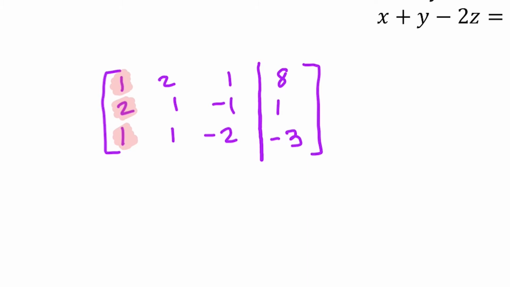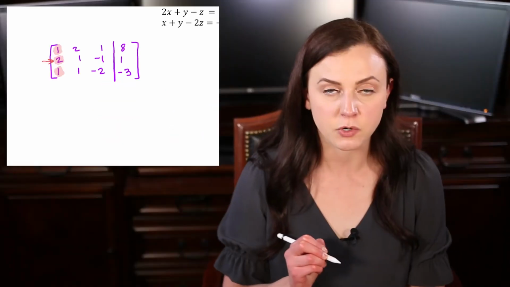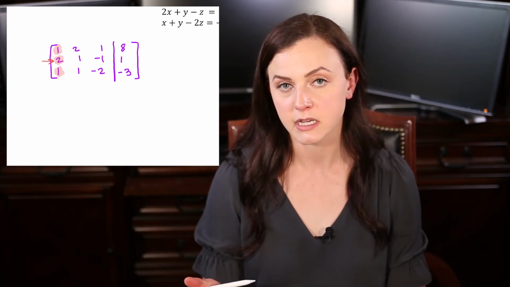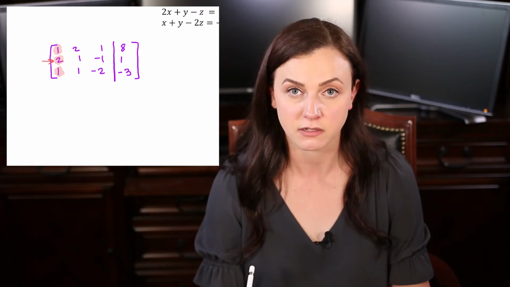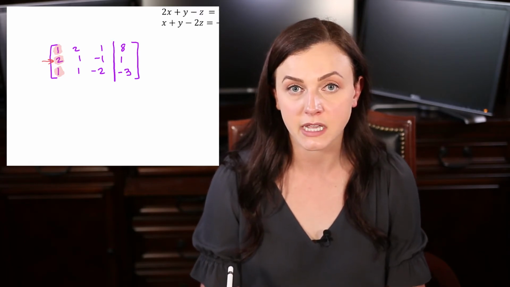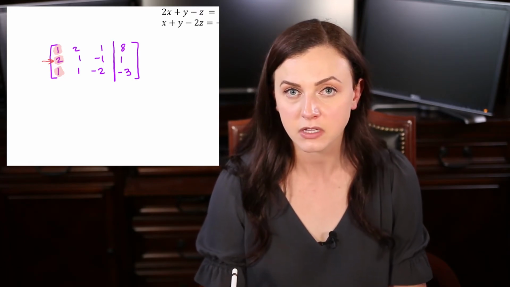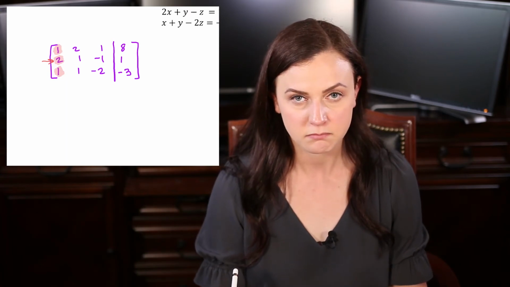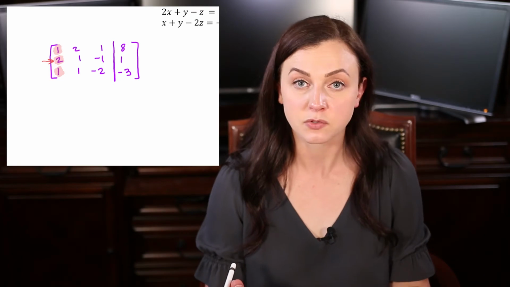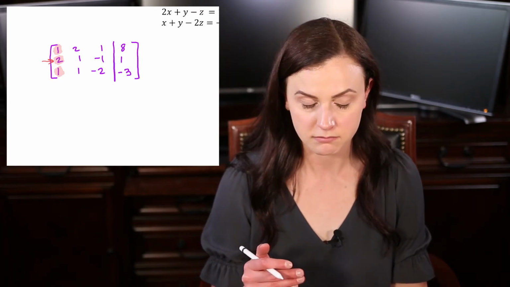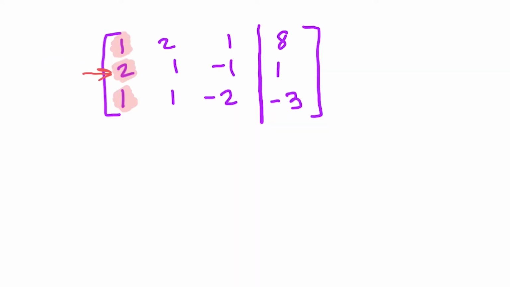So I'm going to start with this one right here. We're going to use row operations. This is similar to if you were solving a system of equations with elimination. That's when you're adding equations together to completely get rid of a variable. We're doing that same thing, but in matrix form. So how could we use these rows to get a 0 there? Well, if you look right above it, we have a 1.